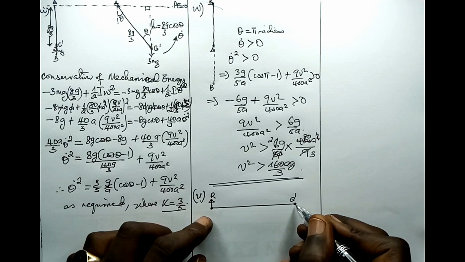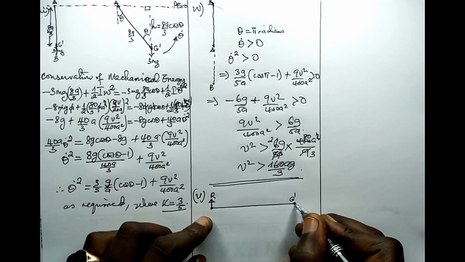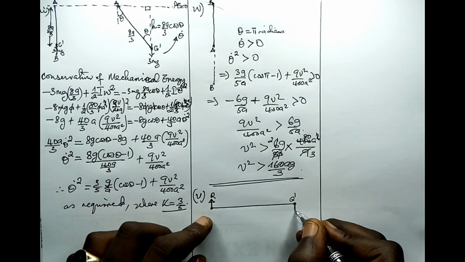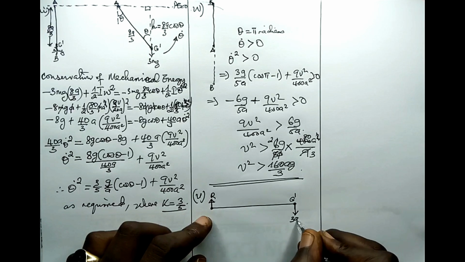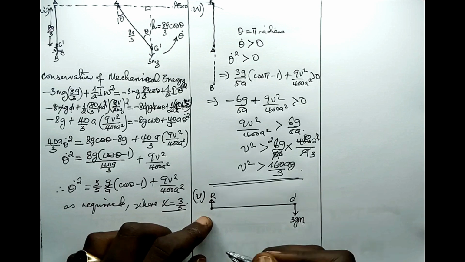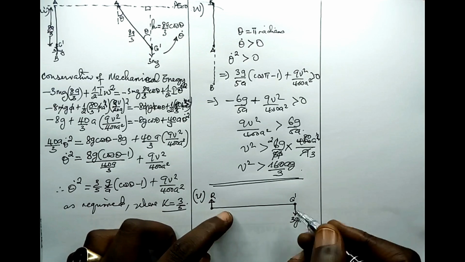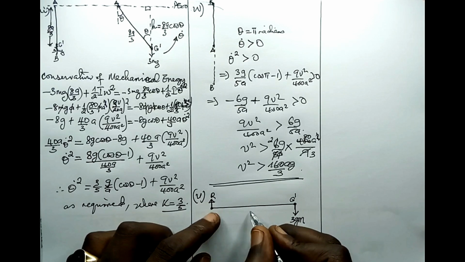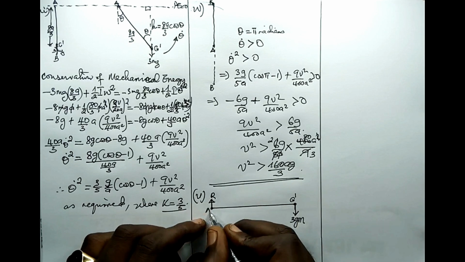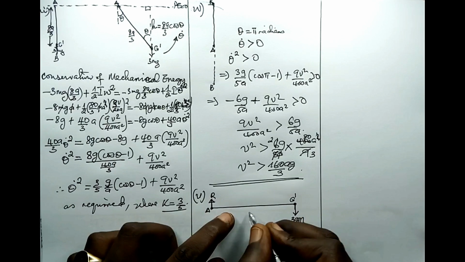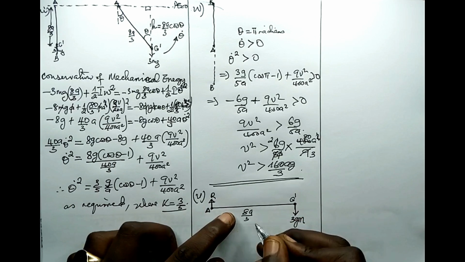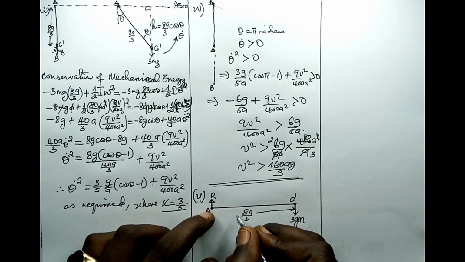So that there is a component, the weight now is acting vertically down, which is supposed to be 3 mg. And when the system is in this position, remember the distance from A to G prime is supposed to be 8a over 3 from previous work.